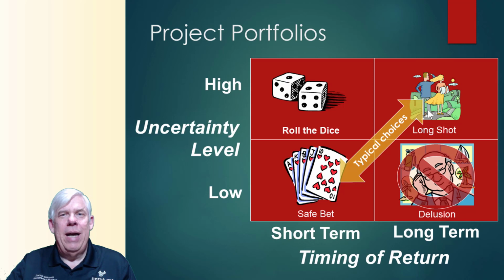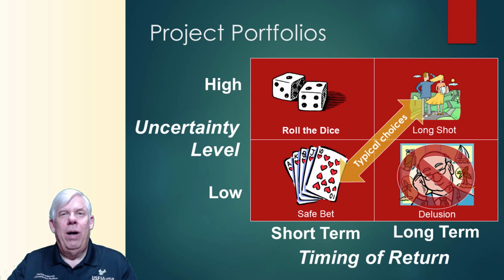Against this, you need to have the long shots where you're talking about high potential return over the long term, so high uncertainty and over the long term. And the problem with long shots is that you can never be absolutely sure about them. But if you don't have any long shots in your portfolio, then when the environment does turn, your safe bets will no longer be safe and you'll be left without anything.